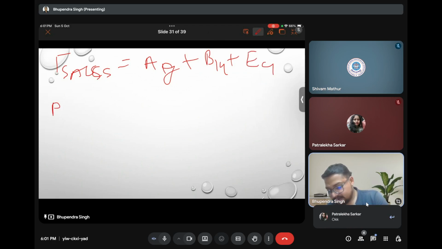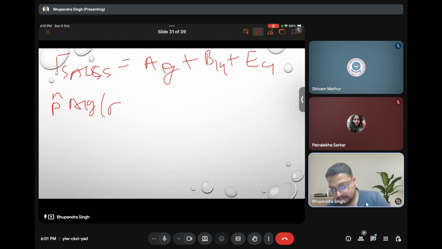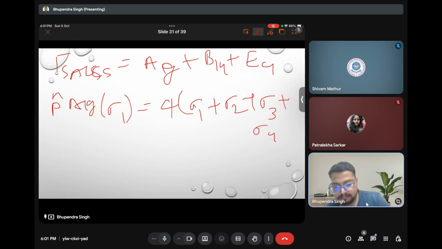Now apply the projection operator of A1G on sigma 1. You also know how to solve this. I have already told.